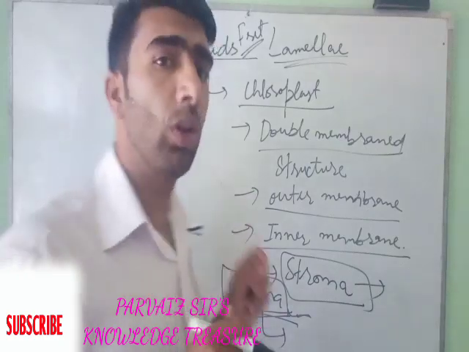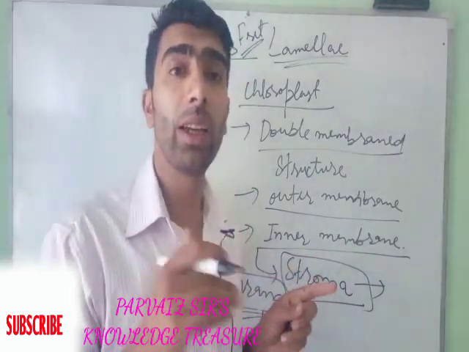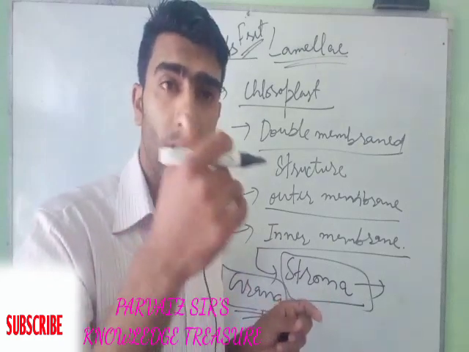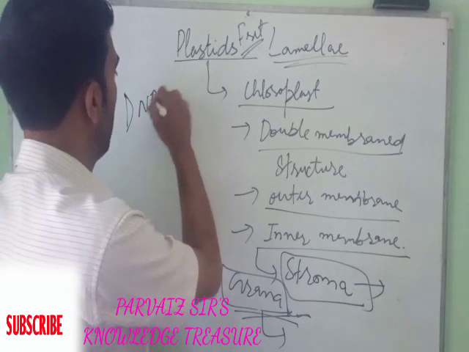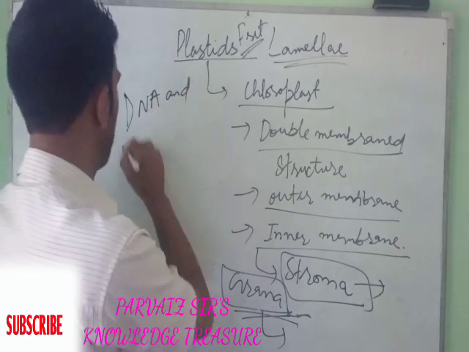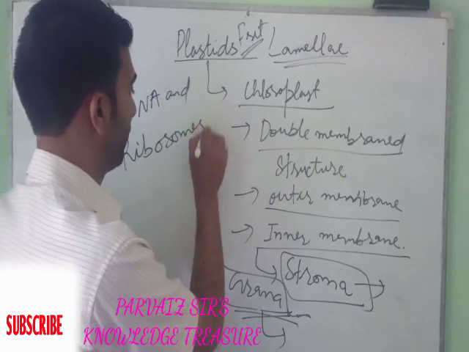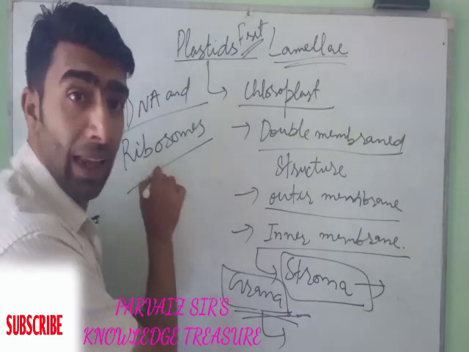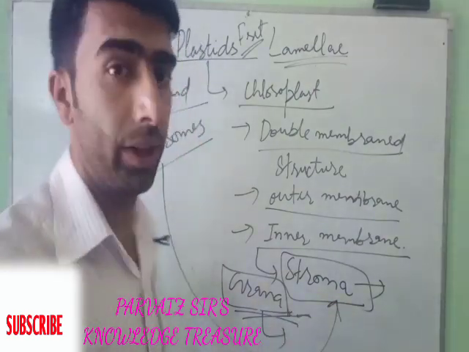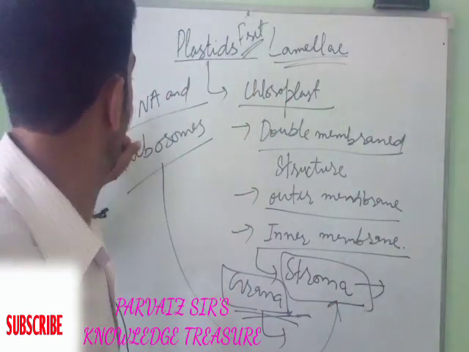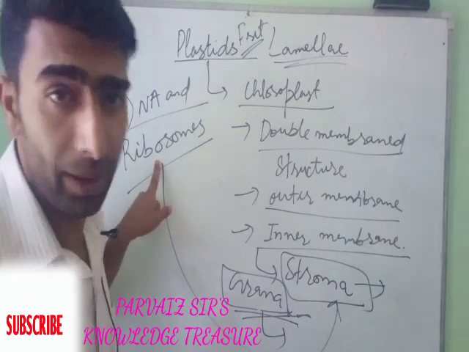In addition to these grana, there is also DNA and ribosomes present inside the stroma cavity, and these DNA and ribosomes are of prokaryotic type.